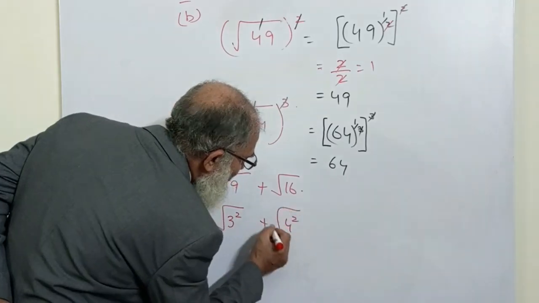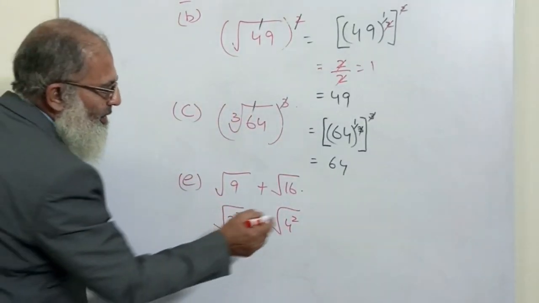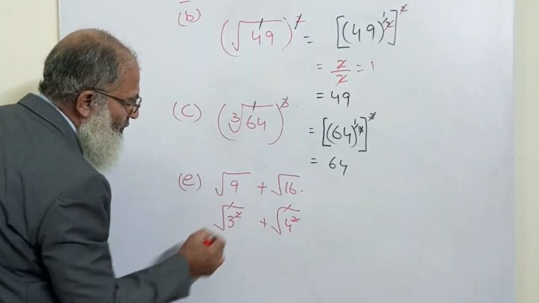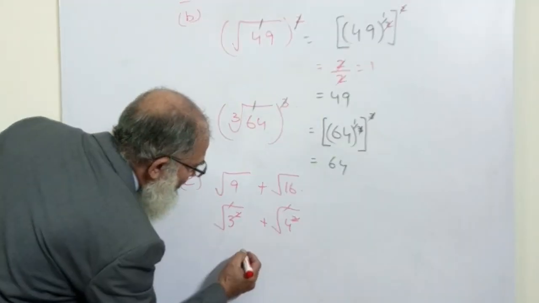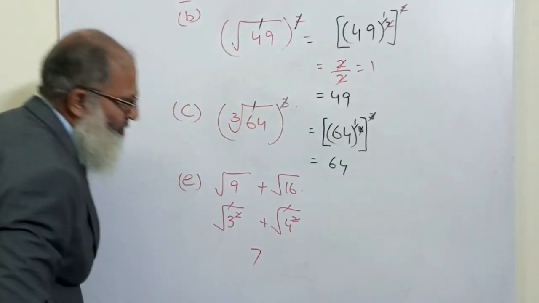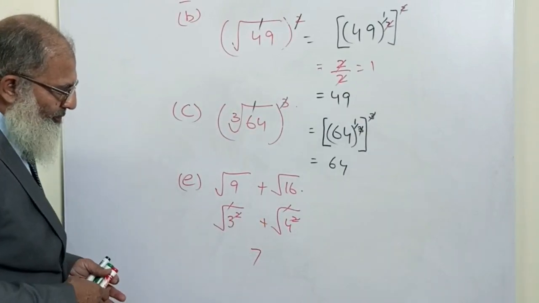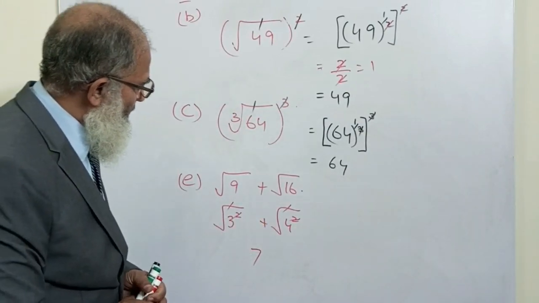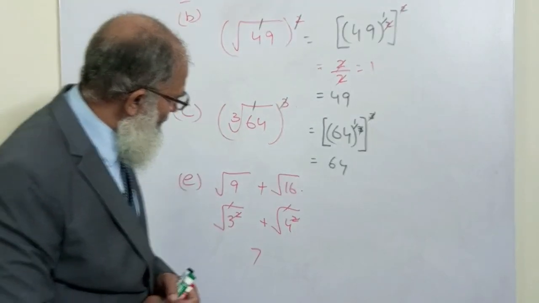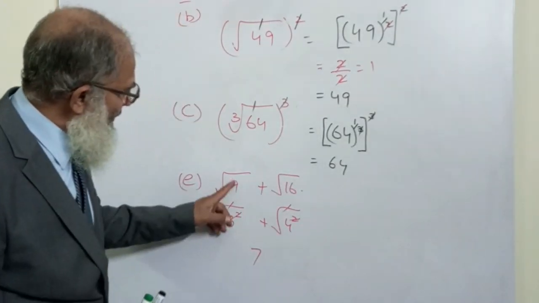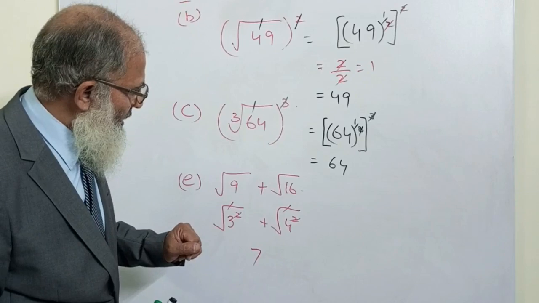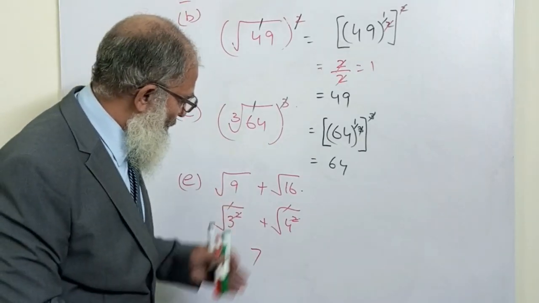This goes off with this, and the answer becomes 7, because 3 square is 9 and 4 square is 16. Therefore, we have solved it like this.